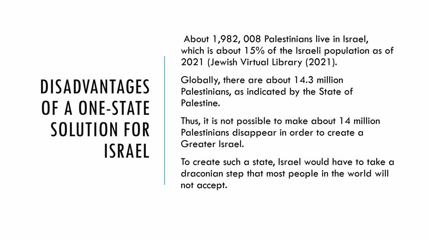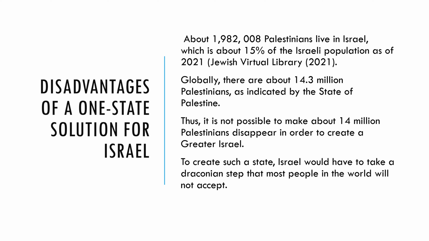About 1,982,000 Palestinians live in Israel, which is about 15% of the Israeli population as of 2021. Globally, there are about 14.3 million Palestinians, as indicated by the state of Palestine.